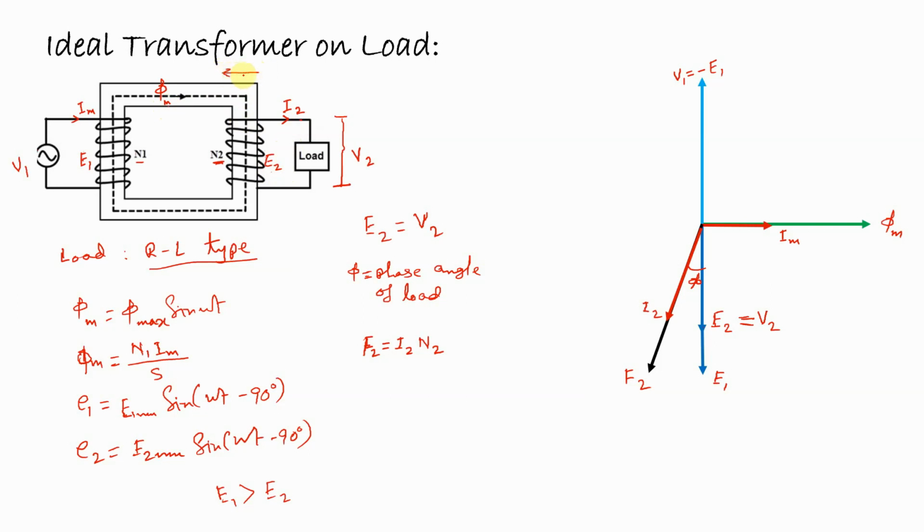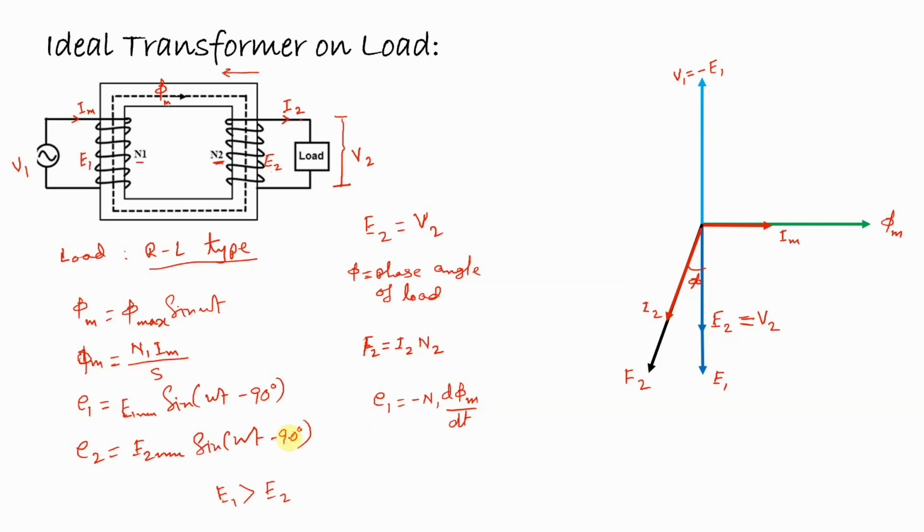So the flux produced in the secondary side will flow in the opposite direction of the mutual flux. As a result, the magnitude of the mutual flux will be reduced. And if the magnitude of the mutual flux is reduced, the EMF induced in the primary will also be lower, because the EMF induced in the primary depends upon d phi m by dt. So if the magnitude of phi m is lower, E1 will also be reduced.